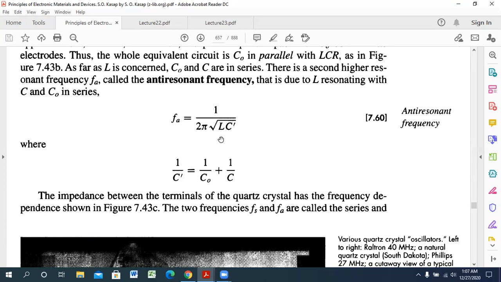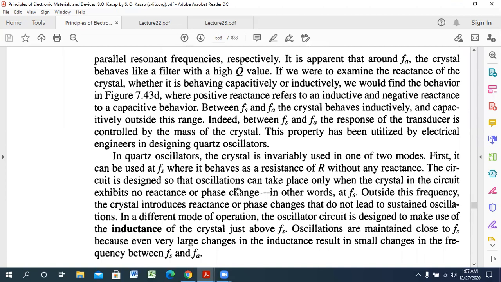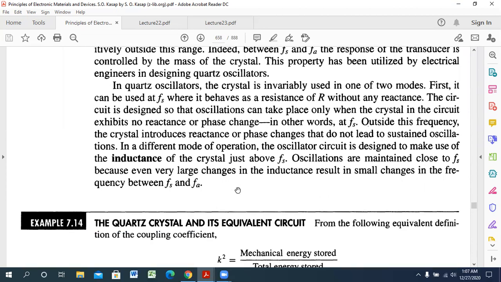The value of the inductor is fixed for both cases, but the value of the capacitor is different, where 1 by C prime equals 1 by C naught plus 1 by C. So you know about the quality factor and this sort of thing.